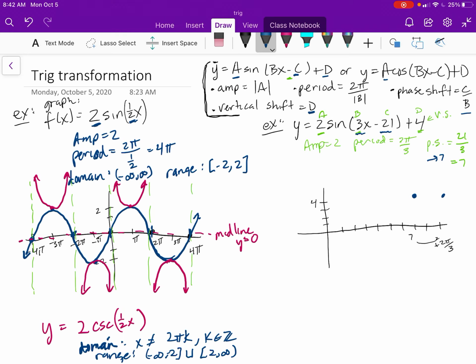And then same thing if I wanted 2 full cycles, right? I'd go back 2, so somewhere here, hard to say exactly. And again, get a good rough sketch, verify it with technology. So now the amplitude we have is 2. So we'll go in blue still. So amplitude is 2.